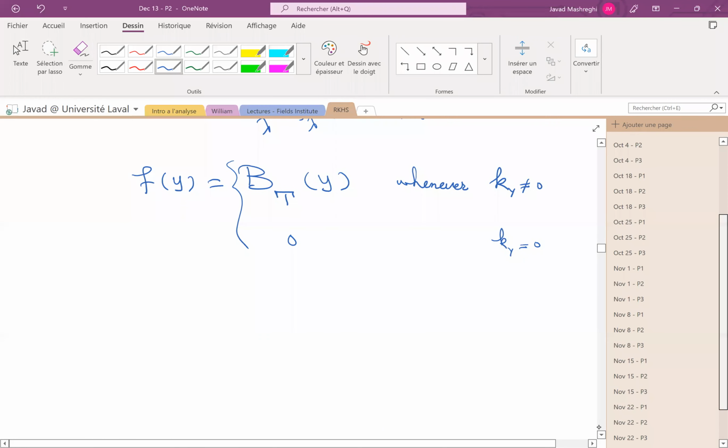Then let's see what we can say about f of y, and if we can show that f is a multiplier. Now the goal is to show that f is a multiplier.